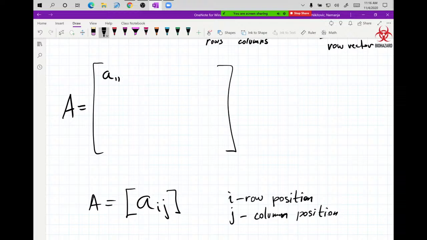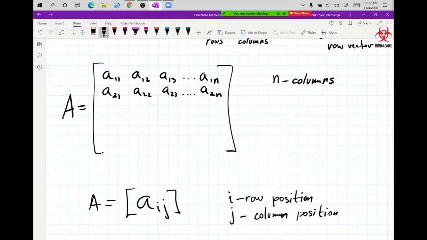So row 1 has A11, A12, A13, up to A1N. So it goes this way for N columns. And then you go to the next row, A21, A22, A23, A2N. Again, N columns, but that's N columns in the second row.